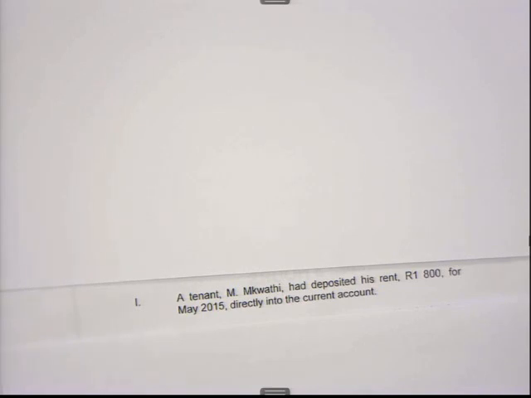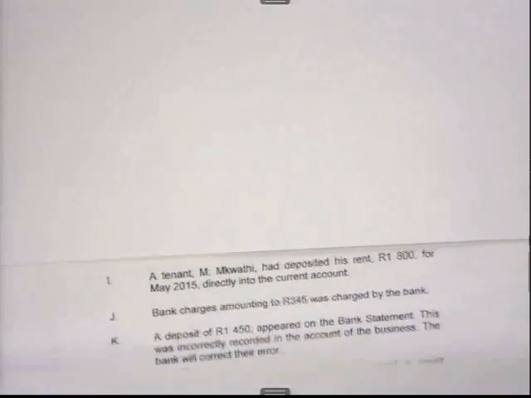Now you see the tenant has deposited this amount directly into our bank account. We will not know about this amount until the bank statement comes. So now here we have the bank statement. It shows that the tenant has deposited 1,800 straight into our account. So we need to update our books.